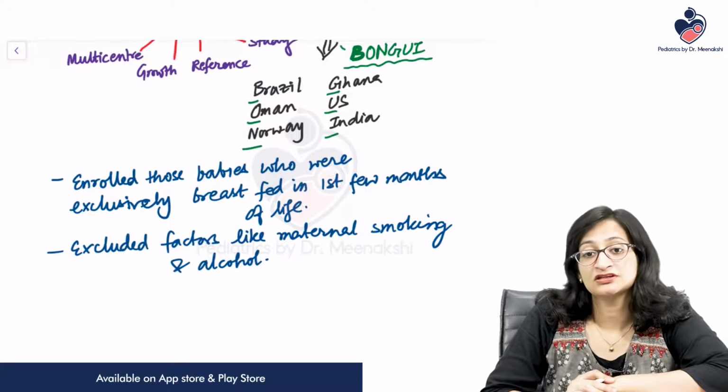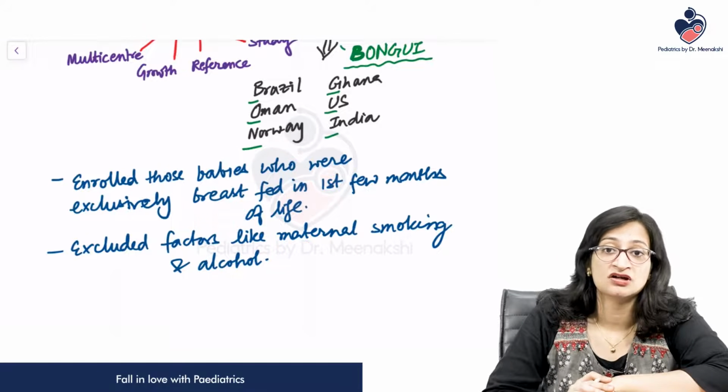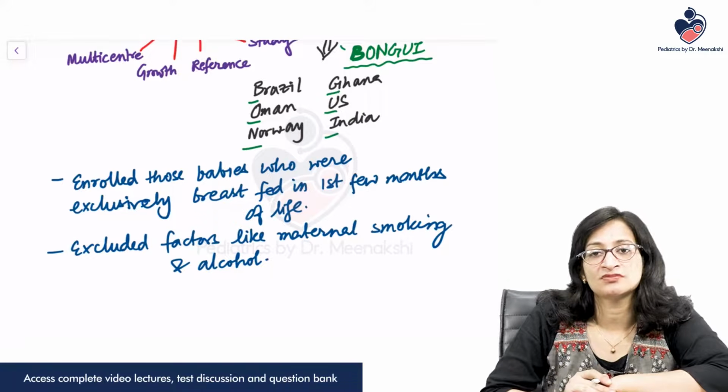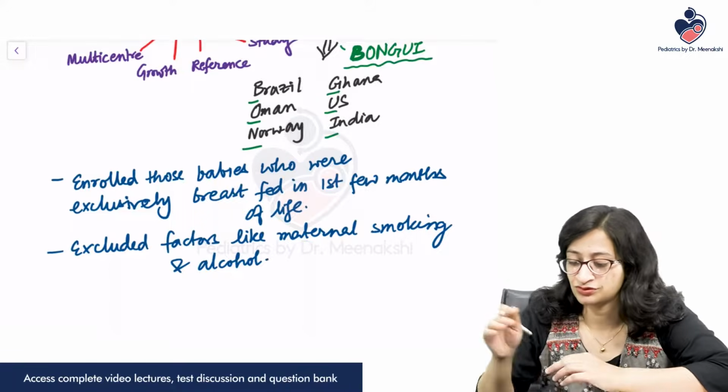Not only this, in the WHO growth chart, you have growth charts available for almost all the anthropometric parameters that you can think of. Okay.